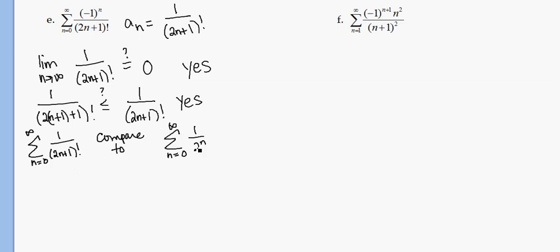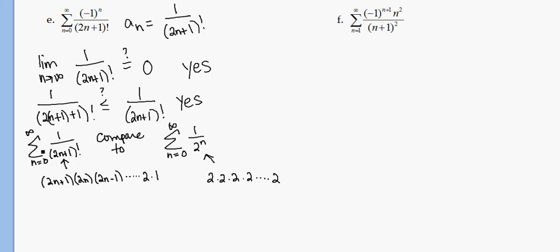We're going to compare to 1 over 2 to the n. Remember, in this fraction, the denominator is 2n plus 1 times 2n times 2n minus 1, and we keep multiplying by smaller and smaller integer values until we get to 1. That's going to be a much larger denominator than if we just multiply 2 times itself n many times.